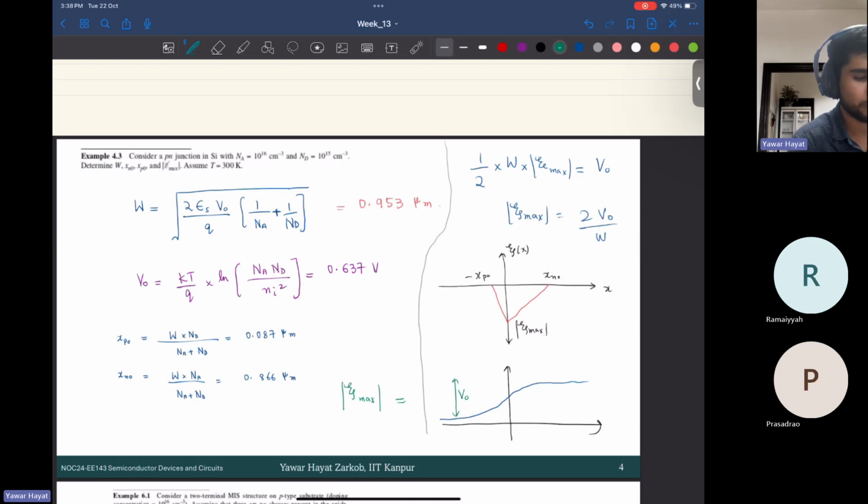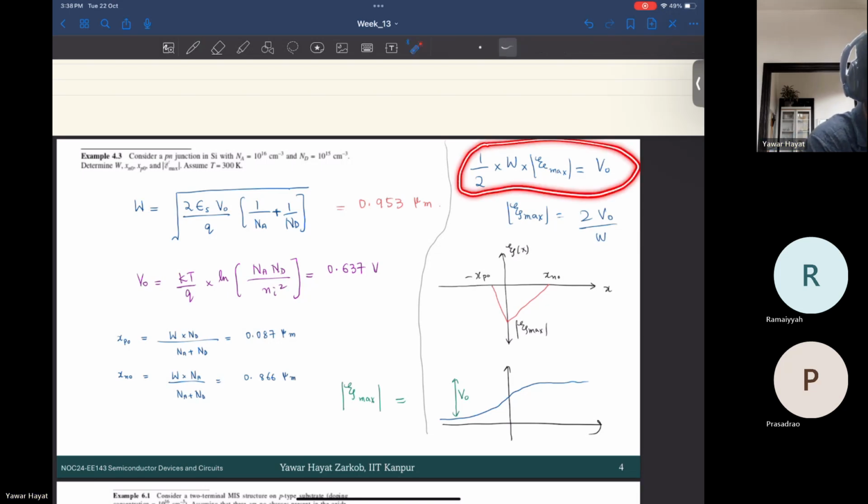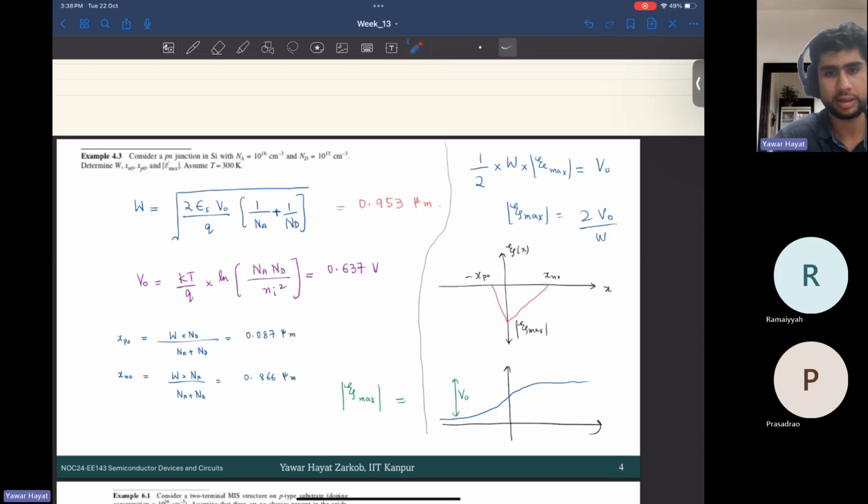So does this formula make sense now? The area under this curve should be equal to this V naught. I hope this is clear, right? Okay, so then this should also be clear. I just juggled the equation. Now the magnitude of E max is 2 times V naught whole divided by W.